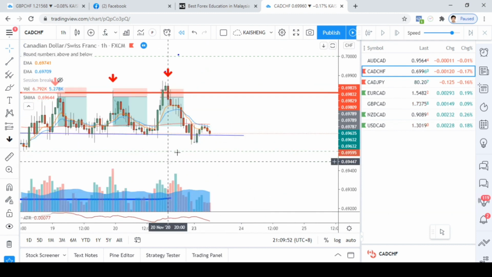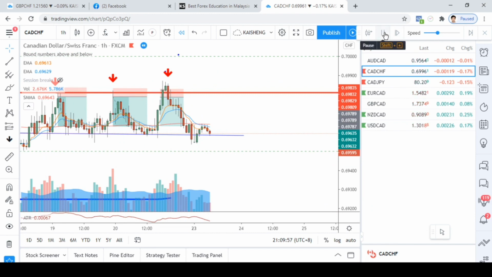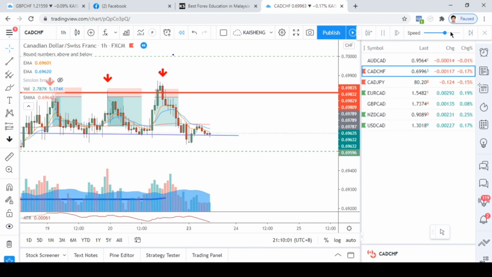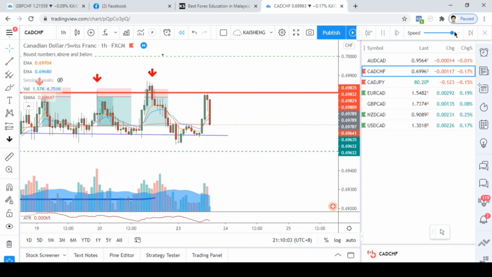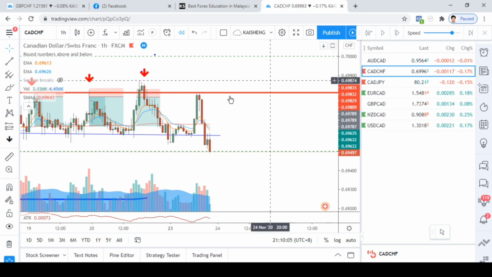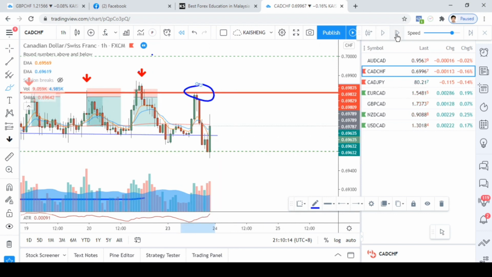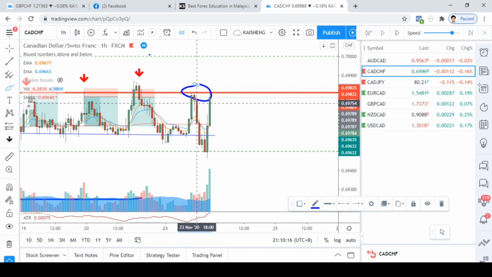Then when the price goes up and hits this level again, the price moves downwards.